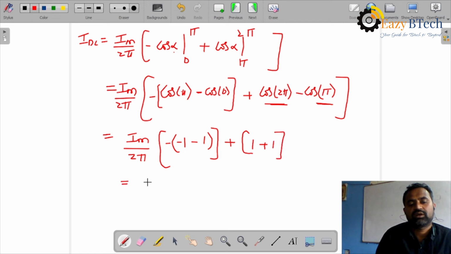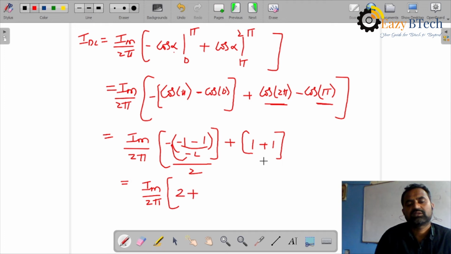Now you can write Im by 2 pi, this value is 2 minus 2 minus 2, this minus plus 2 plus this 2, it becomes 4.